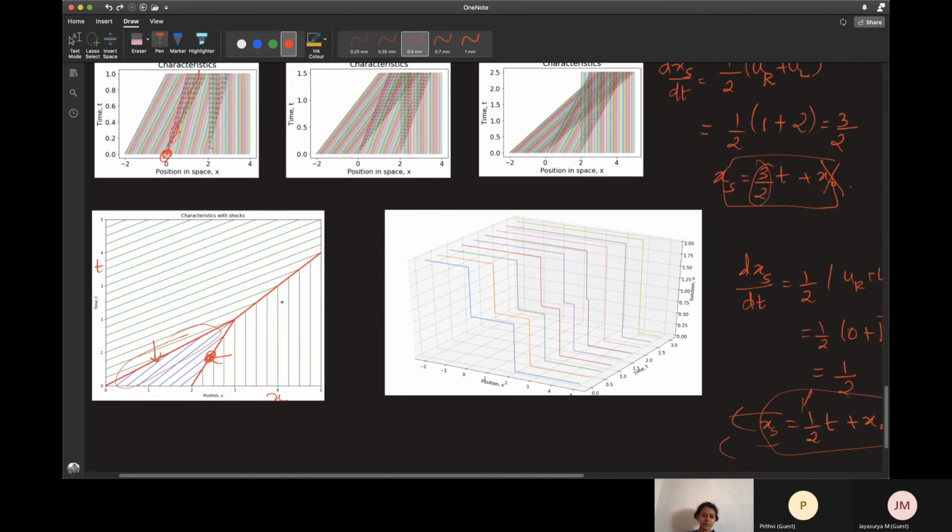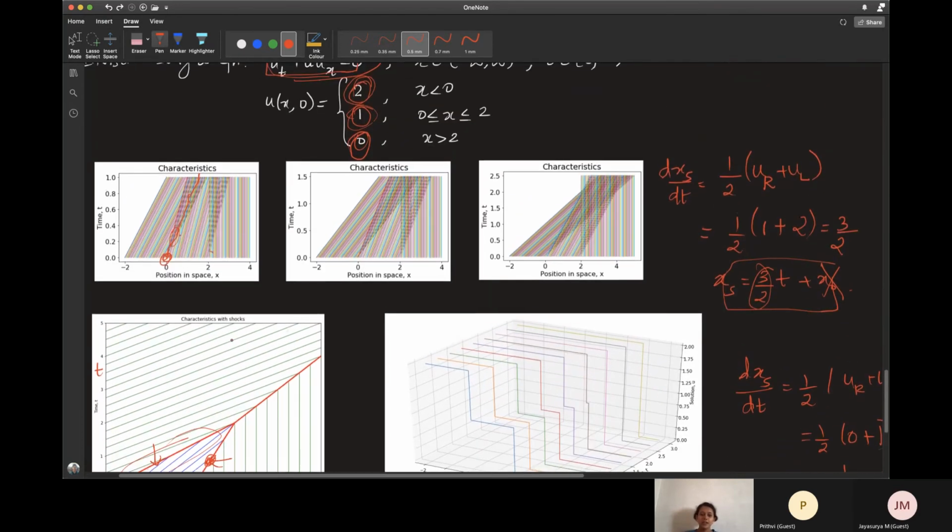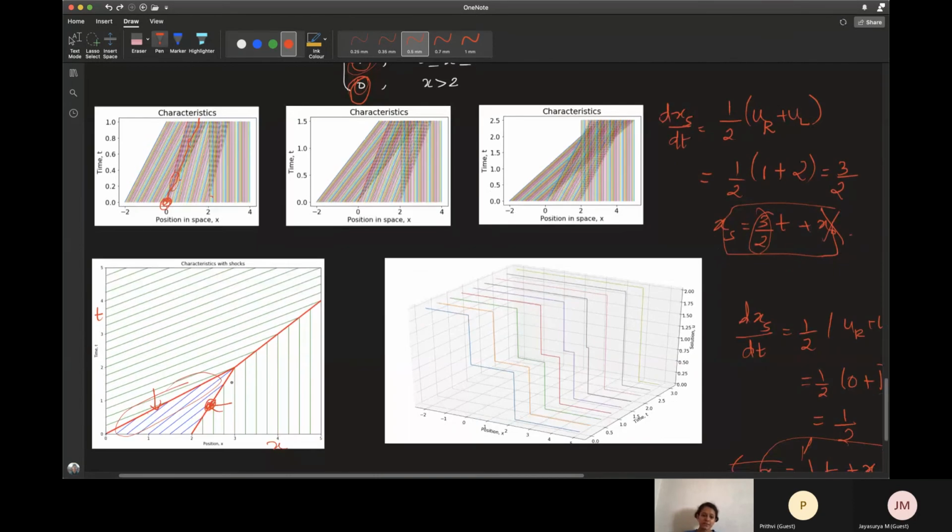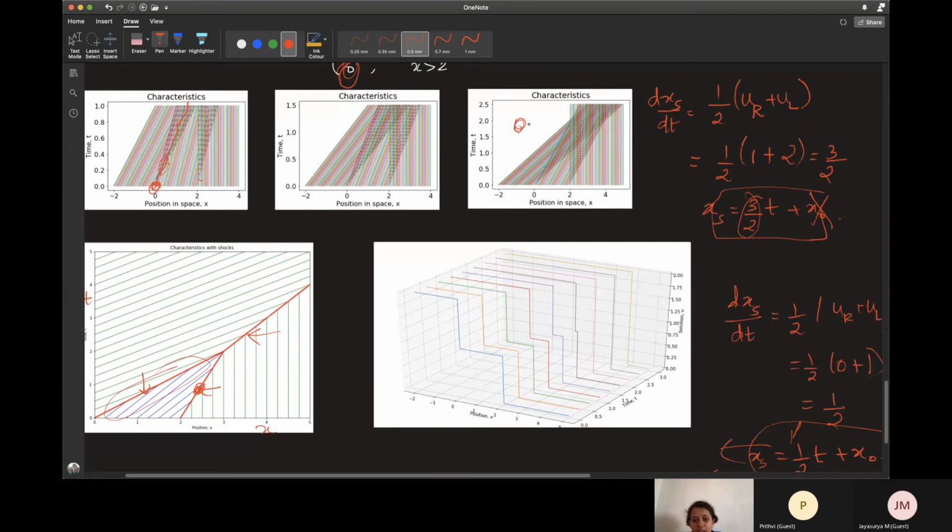After we have drawn the characteristics, these characteristics themselves intersect. That leads to the formation of another shock, the third shock. If you notice in this picture, if we somehow find some shock over here and some shock over here, there is a possibility that these two intersect, and again we'll have a region of intersection.